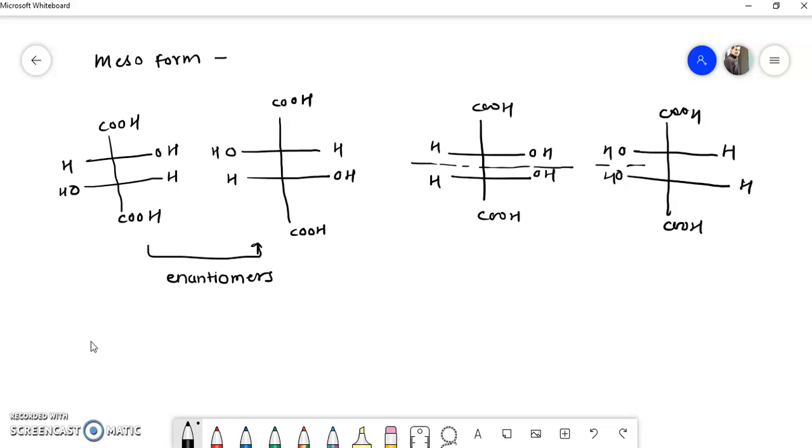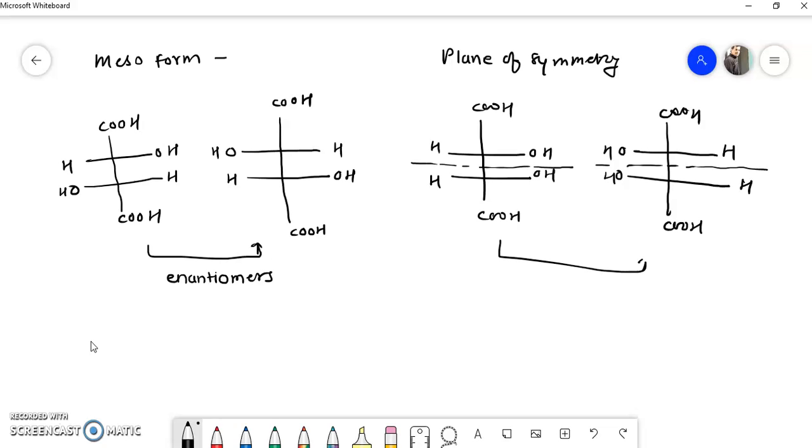Here also, if we cut this molecule, we get two equal parts. That means there is a plane of symmetry in this molecule. If the molecule has a plane of symmetry, it can be divided into two parts, and therefore this compound is optically inactive.